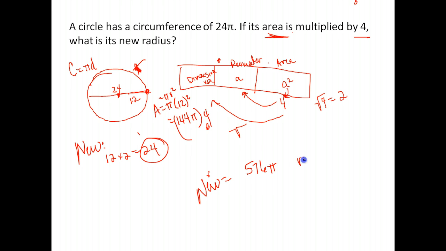And we want to know what's the radius. Well, we know this number right here is the radius squared. So if we take the square root, that will give us our radius. And if you take the square root of 576, you do get a radius of 24.